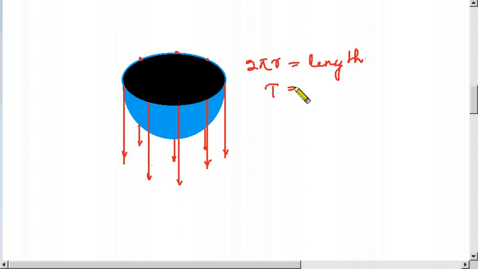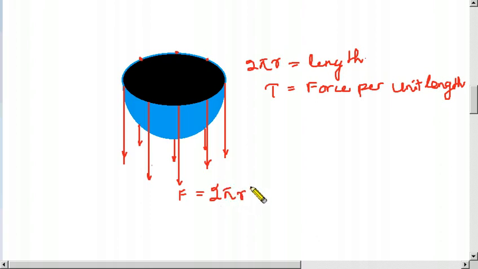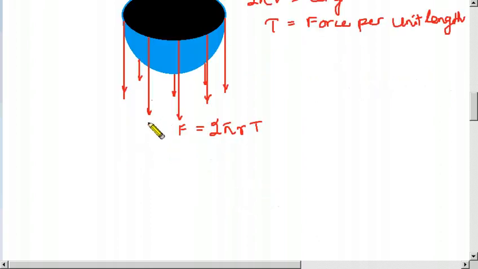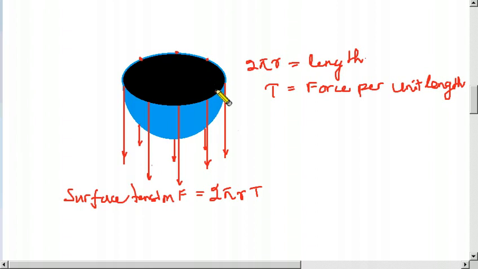Capital T is defined as force per unit length. So the total force is then therefore 2 pi r times capital T. So this force is the surface tension force. But here what we want is not the surface tension, the reaction of the surface tension.